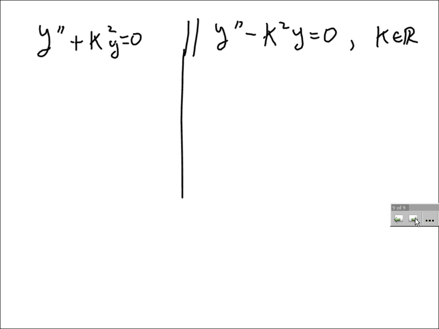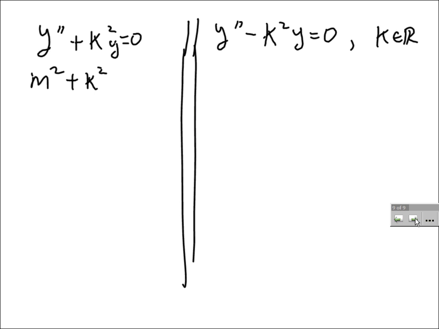So we'll separate this, and on the left side, the auxiliary equation will be 1m squared plus k squared equal to 0. So m squared is negative k squared.